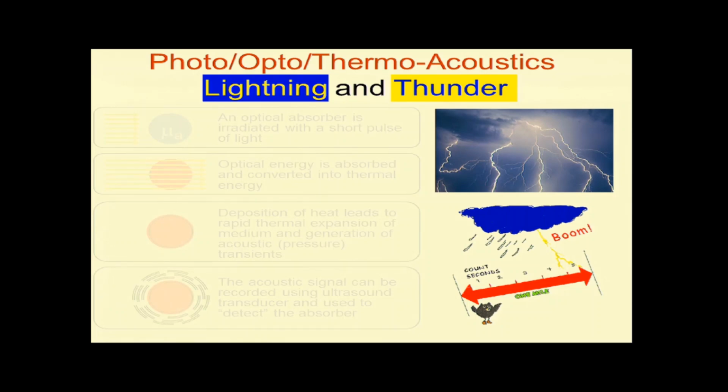It interacts with the atmosphere, the air. That air, because of the interaction, is very quickly heated up. There is deposition of thermal energy, and because it's a rapid event, the air around the lightning bolt expands and produces a sonic boom.